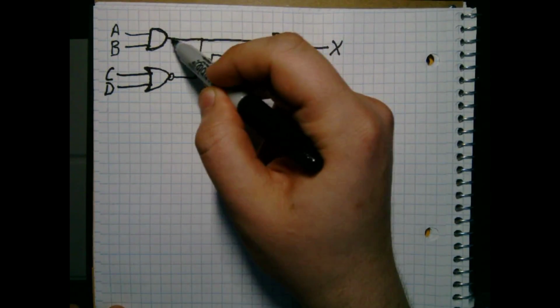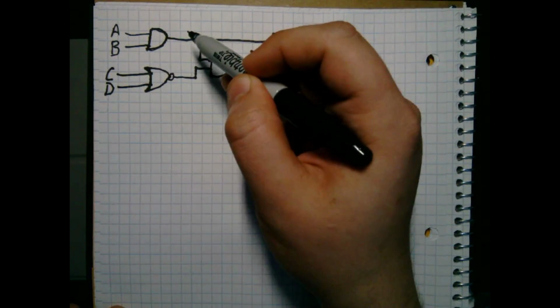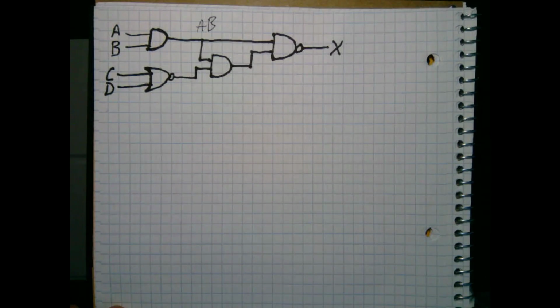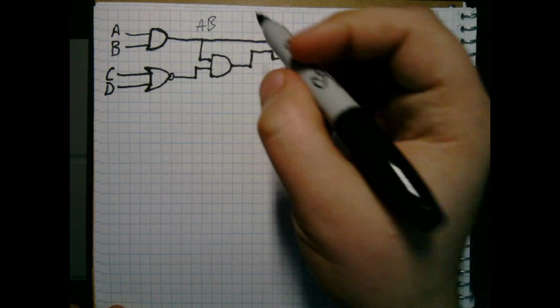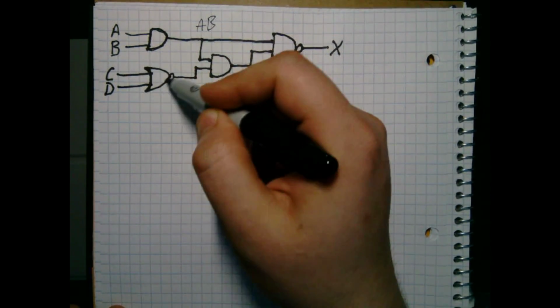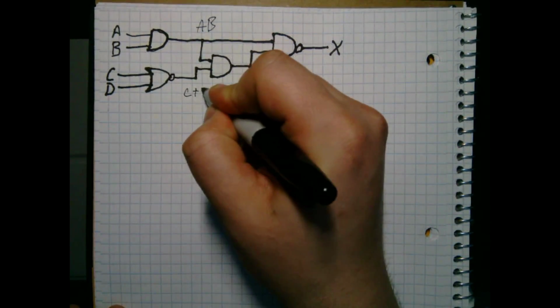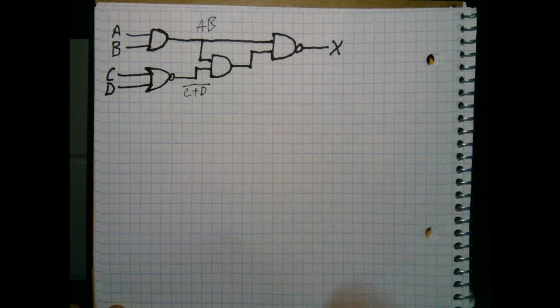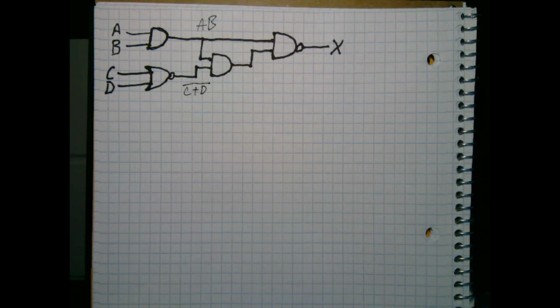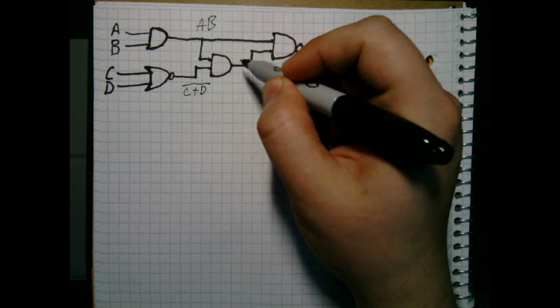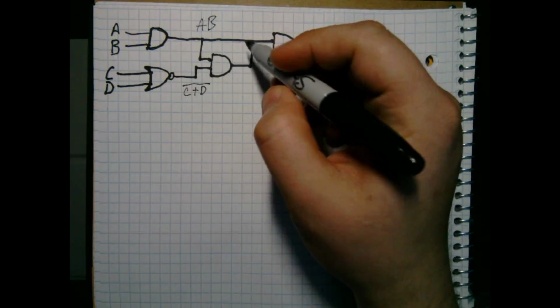So for this node here, the output of this AND gate, what is this ANDing? It's just ANDing A and B together. For this NOR gate down here, the output is C NORed with D, the big bar over the top. So then the output for this AND gate, the middle AND gate, would be what?